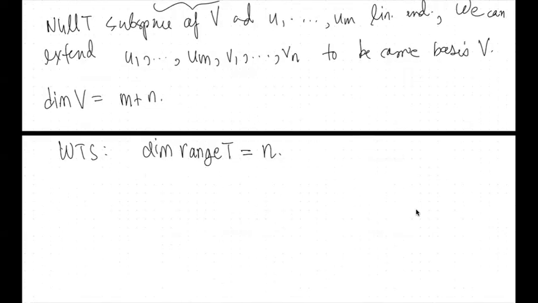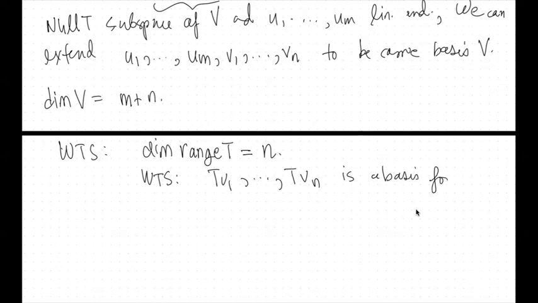We have to show that TV1 up to TVN is a basis for our range T. This is what we want to show.